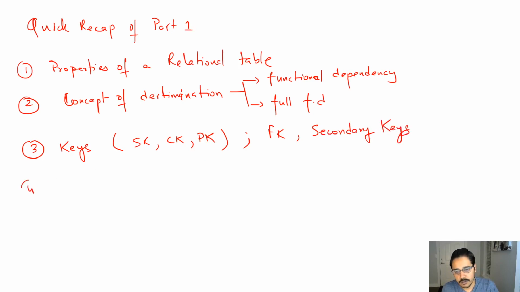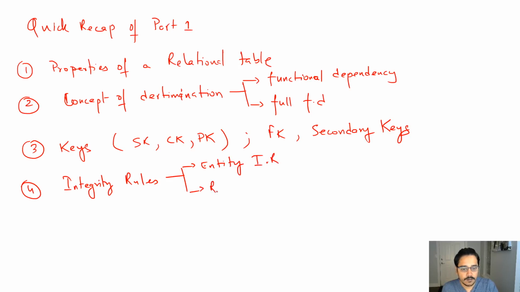And thereafter we discussed the integrity rules that must be enforced within the database environment in the form of the entity integrity rule, and then the referential integrity rule, which is basically what properties of the primary key and the foreign key must be followed when trying to implement these two integrity rules.